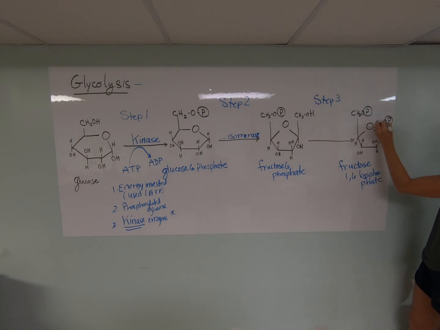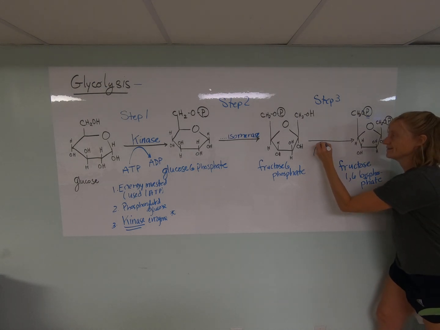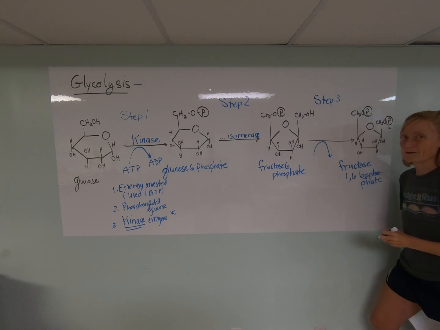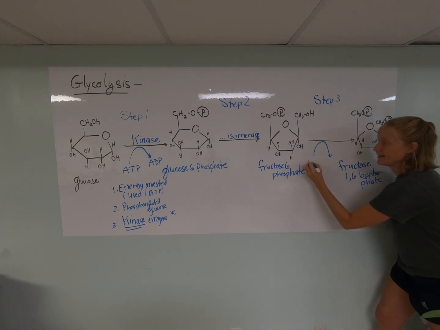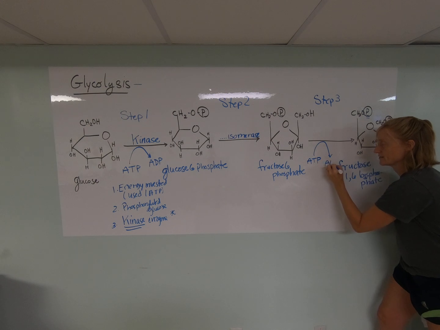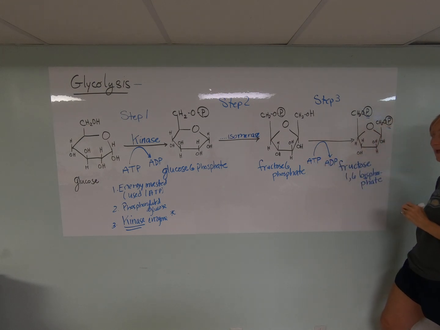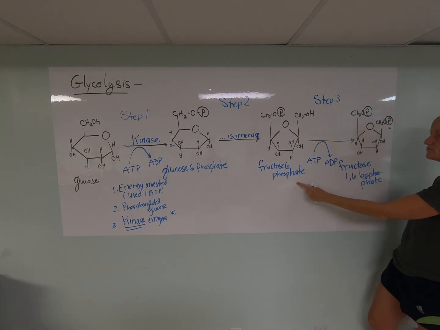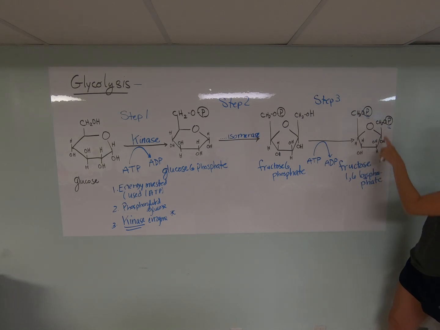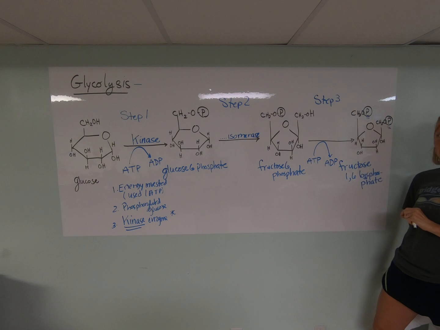Oh, here it is. So now it has 2 phosphates on it. Where do you think it got the phosphate from? Well, this is another energy investment step. In this case, ATP donates a phosphate, just like step 1. ATP donates the phosphate to the fructose molecule, and now we have a fructose molecule that has 2 phosphates attached.